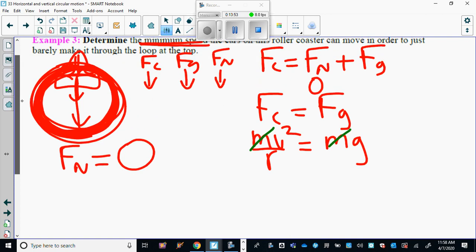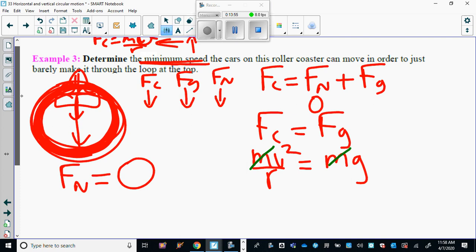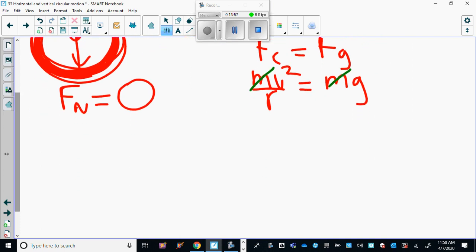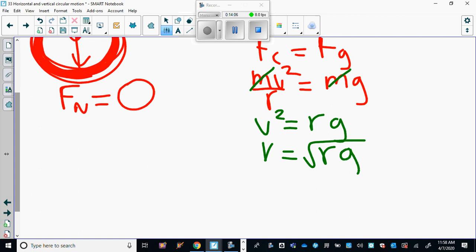Determine the minimum speed. Velocity squared equals rg. That's it. This whole question boils down to that one simple formula. The velocity equals the square root of rg, because the masses become irrelevant.